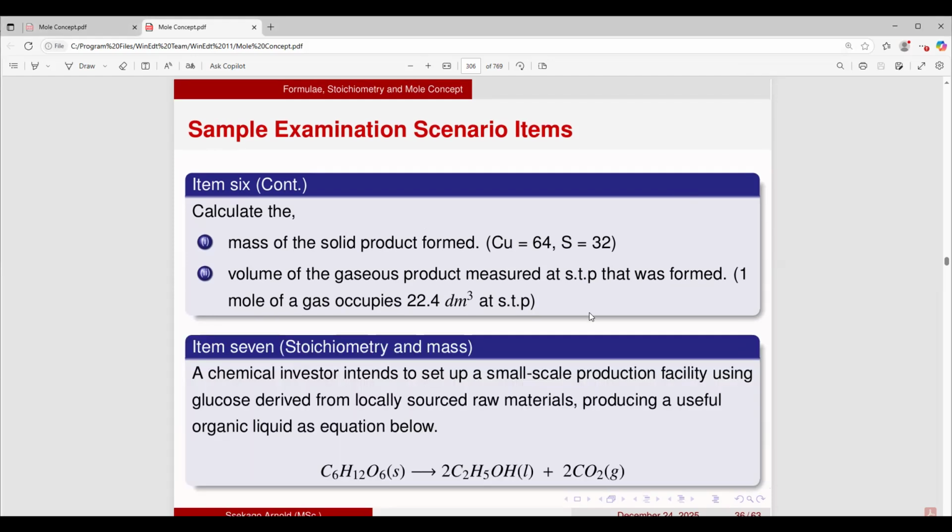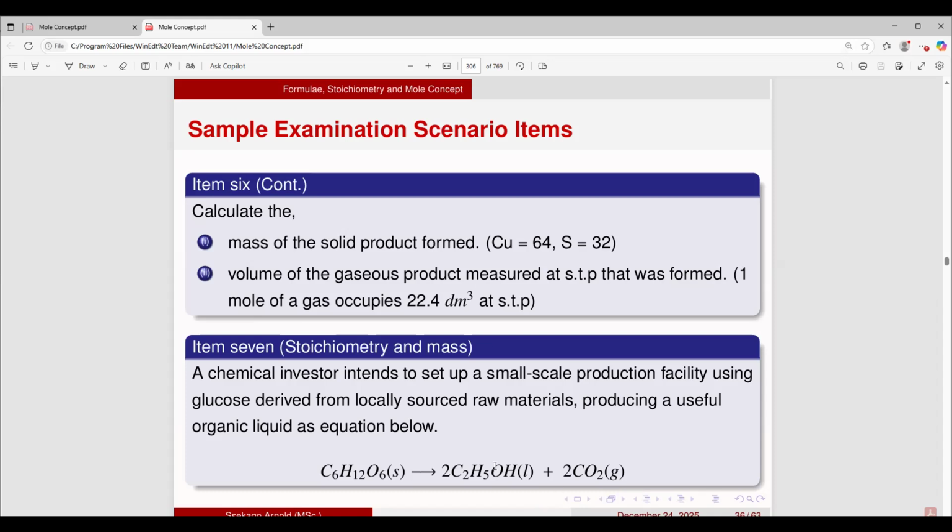Item 7 says that a chemical investor intends to set up a small-scale production facility using glucose derived from locally sourced raw materials, producing a useful organic liquid. So glucose is producing a useful organic liquid.